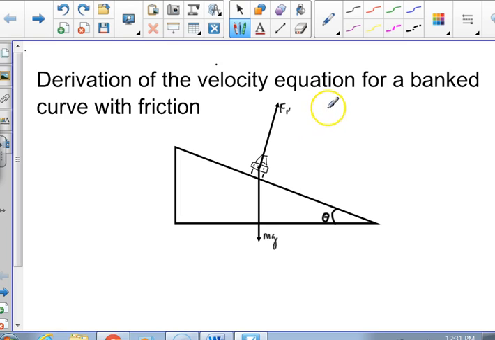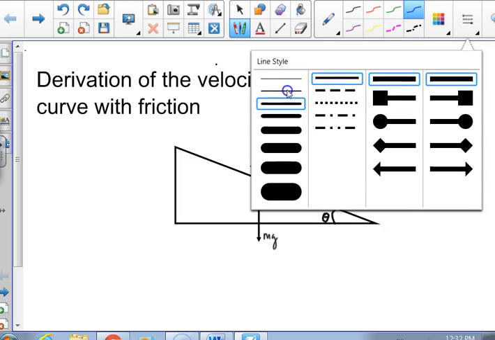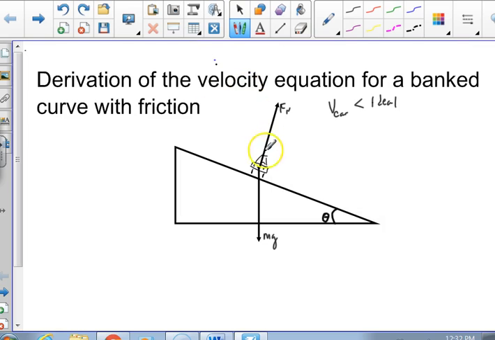First of all, if we have the velocity of the car less than the ideal, so in other words, it's moving too slow. In that situation, we can draw a velocity vector, or the velocity is too slow, so it's actually going to slip down the bank.